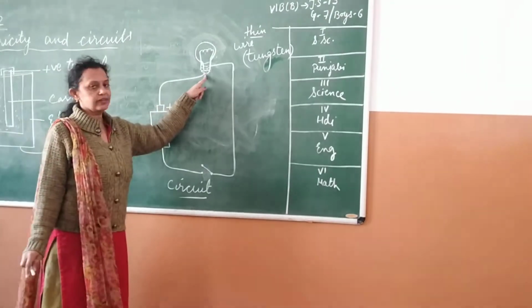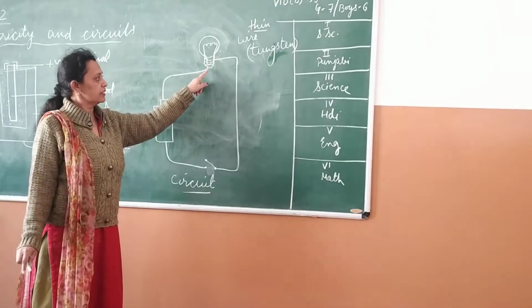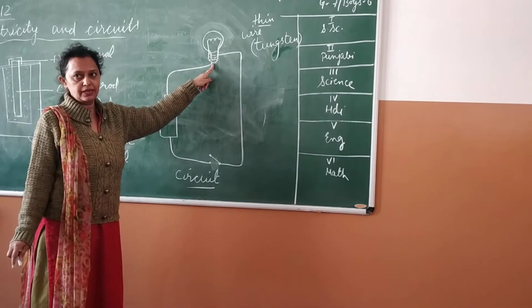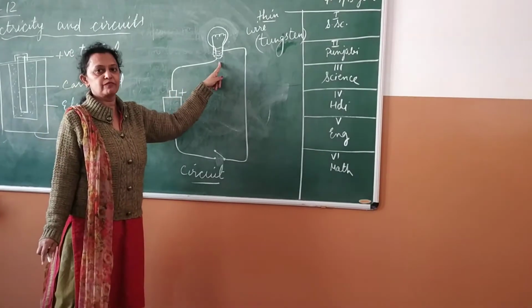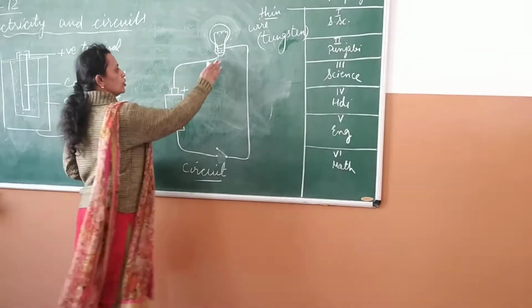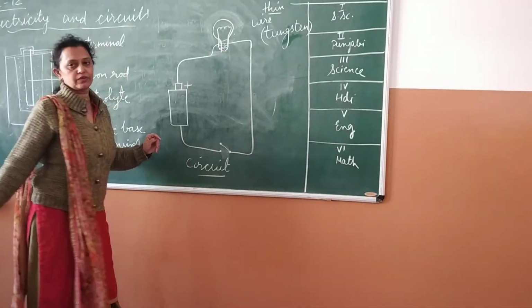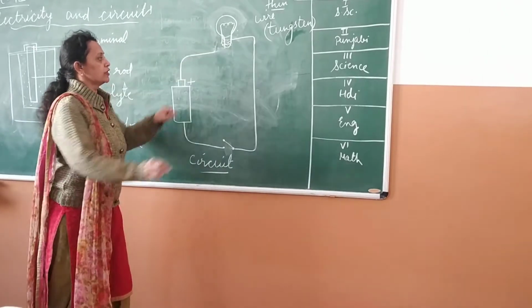When you have to connect, there are two terminals. One is at this side and the second is at the base of the bulb. Clear? Connections should be correct, otherwise the bulb will not glow. If you attach the next connection here and not at the base, then your bulb will not glow.